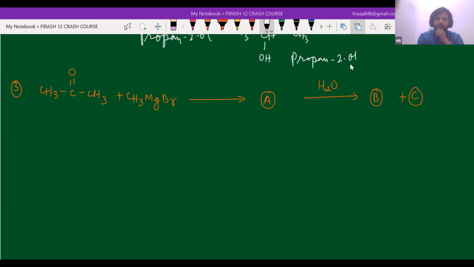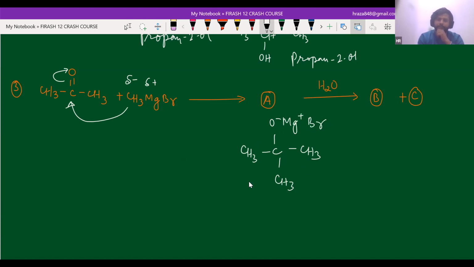As you can see, I'm going to explain it. This will go like this. This is delta negative, delta positive. This will be attacking here. So you can see CH3, C, O negative will come here, and there is CH3. And this Mg plus will go with this. Yes or no, Firaz?